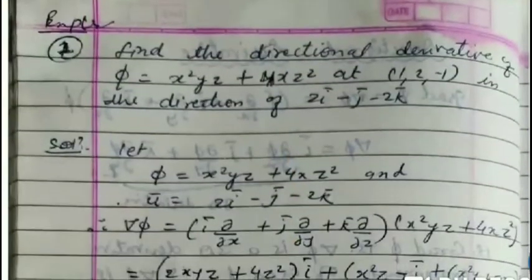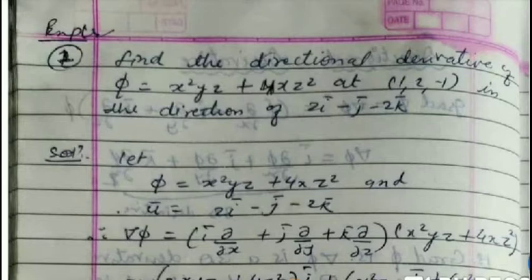Now the example based on the topic directional derivative. First question: find the directional derivative of phi equals x square yz plus 4xz square at point (1, 2, -1) in the direction of 2i minus j minus 2k bar. In the question we have to find the directional derivative of phi in the direction of the given vector.